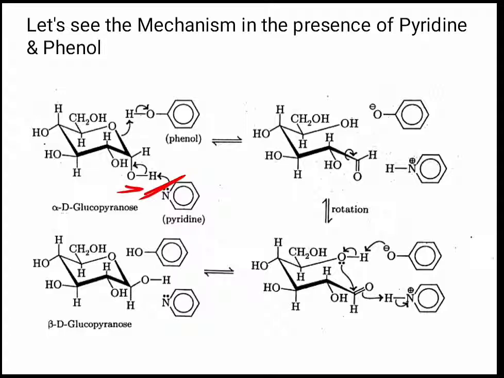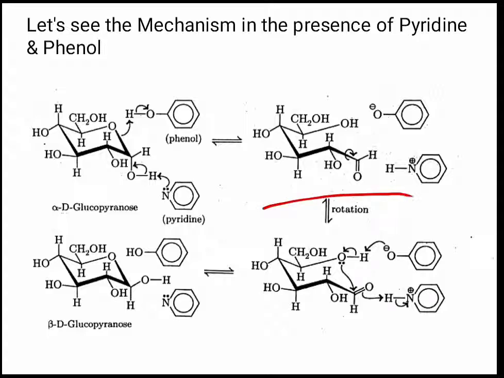So this oxygen will become minus, then this minus charge will give its electron to the C-O bond, that means it will make C double bond O. This bond will be broken, and this O will immediately take a proton from this phenol.